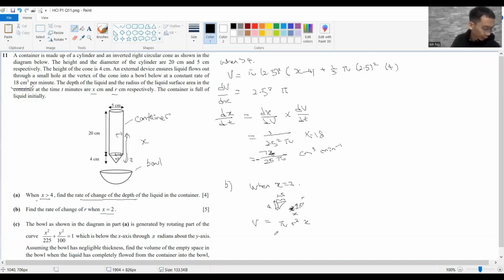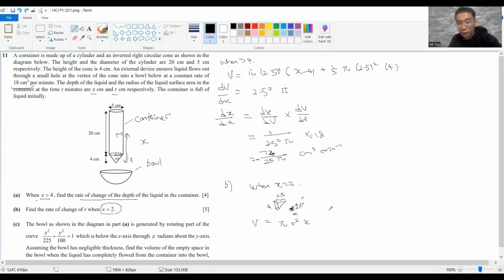Usually we will do the substitution last. If later we need to differentiate, with two variables we cannot differentiate, so we need to change it to be in terms of x.